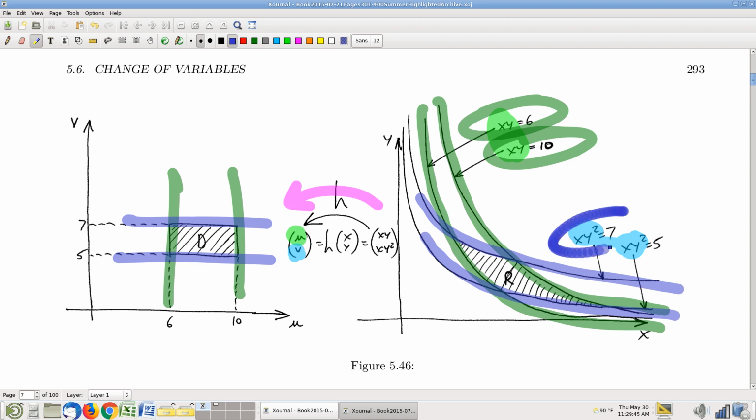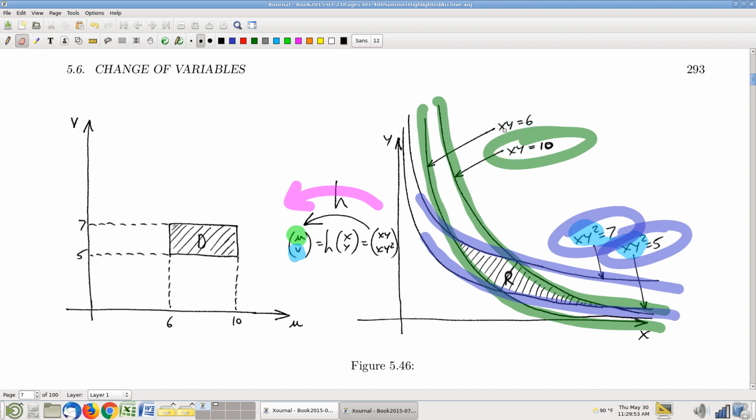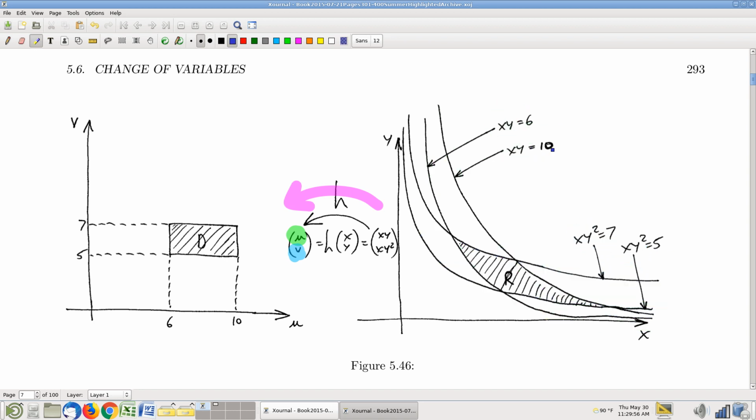Right, this equation and this equation, if v is equal to xy squared, that's what you get. So, nice result is that this function here turns our highly undesirable, I don't even know what to call that thing, domain into a rectangle.